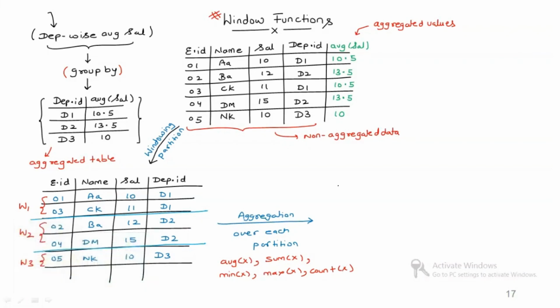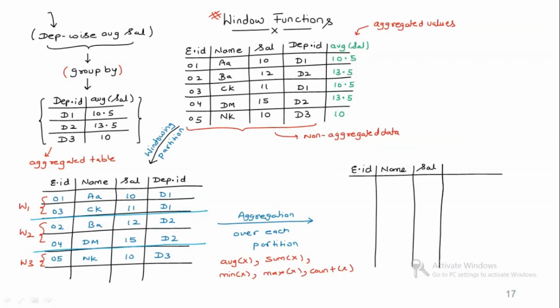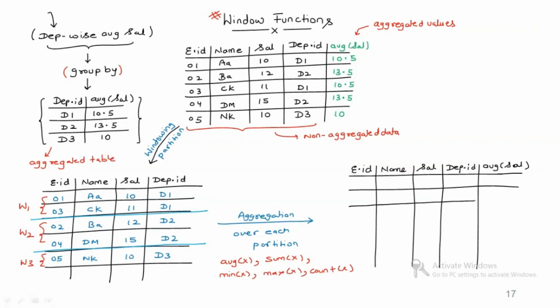Let's perform aggregation. Again, let's create the table: employee ID, name, salary, department ID, and now here I'll have average of salary. This is my aggregation function. 1, 2, 3, 4, 5.